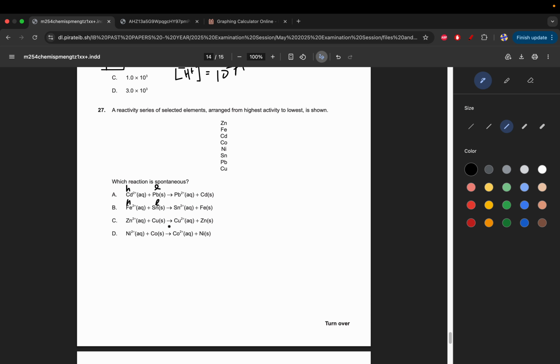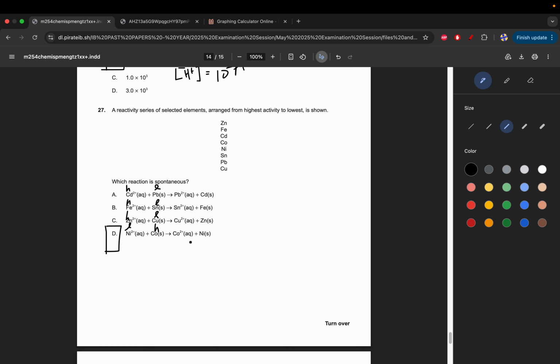Zn and Cu. Zn is higher than Cu. And nickel and cobalt. Nickel is lower than cobalt. So just based on logic, we know that the answer is D, because three of them are the same and one of them is different. So it's got to be the one different one.